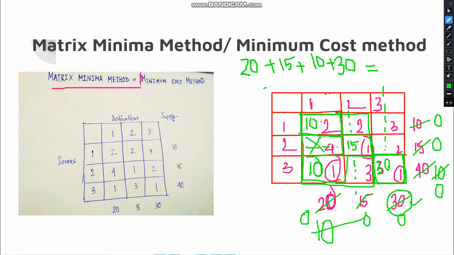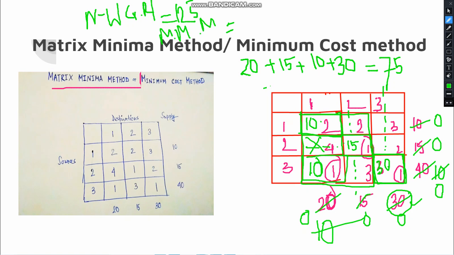So 20 plus 15 plus 10 plus 30 becomes 75. If you remember, for the northwest corner rule, it was 125. For the matrix minima method, it has been reduced to 75.